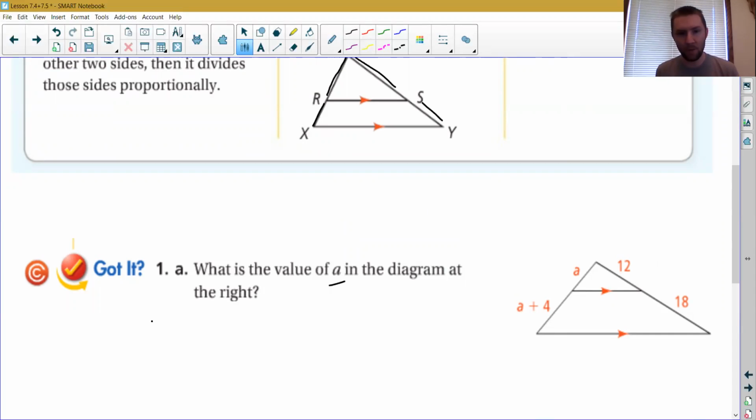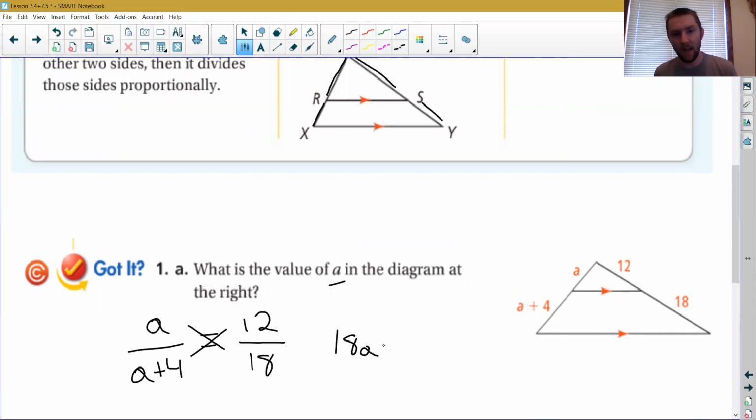Okay, so the proportion I can set up is A over A plus 4 is equal to 12 over 18. Okay. And then, of course, I will do my cross multiplication, and one's going to say 18a, the other's going to say 12a, 12 times a, 12 times 4 is 48.